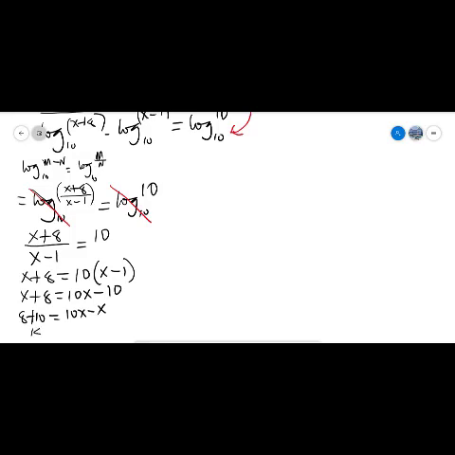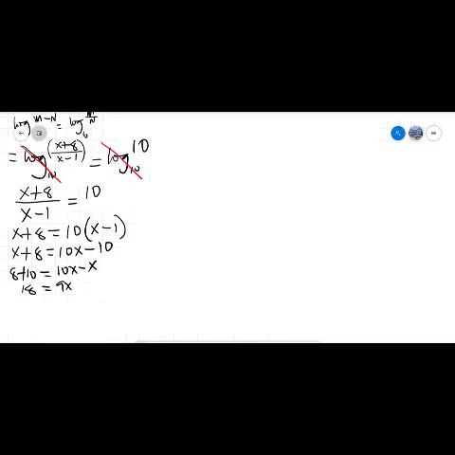So we're going to have 18 is equal to 9x. Dividing both sides by 9 would give us that x is 2. So that's really not as difficult as you probably thought it was going to be, right?